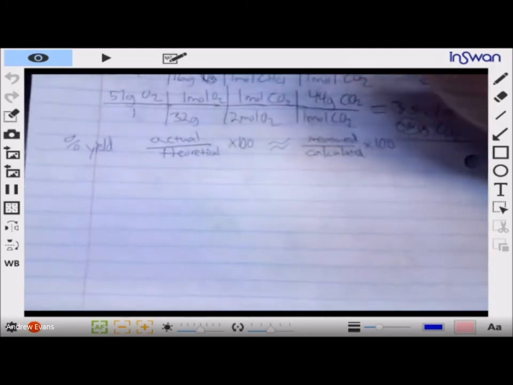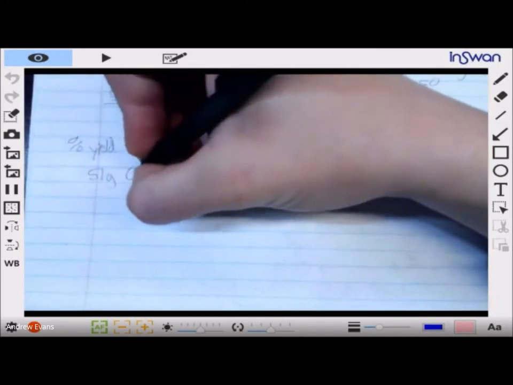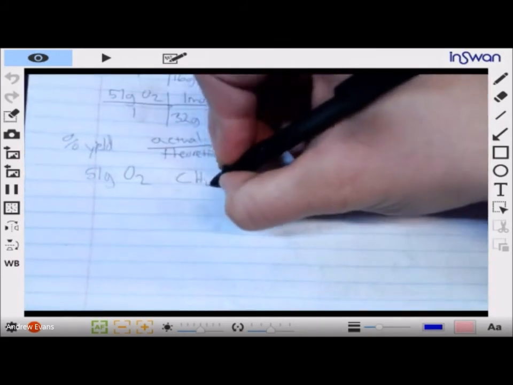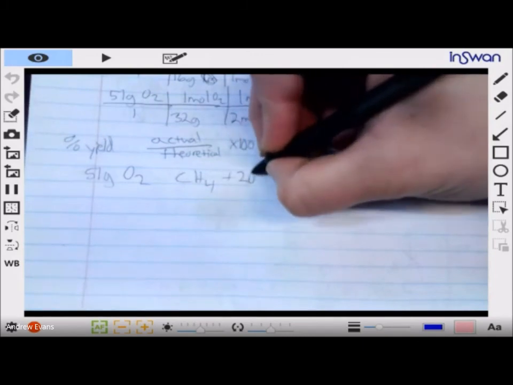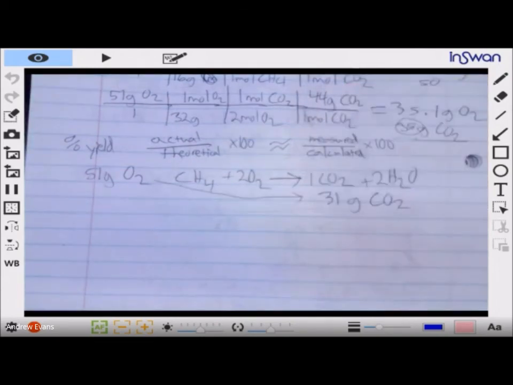If I had 51 grams of oxygen in the following equation, and I produced, let's say, 31 grams of CO2. 51 grams of oxygen, and I produce 31 grams of CO2. What would our percent yield be?